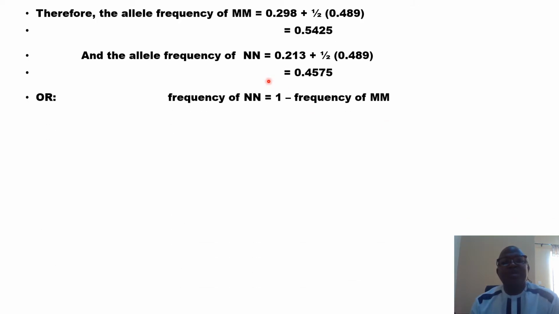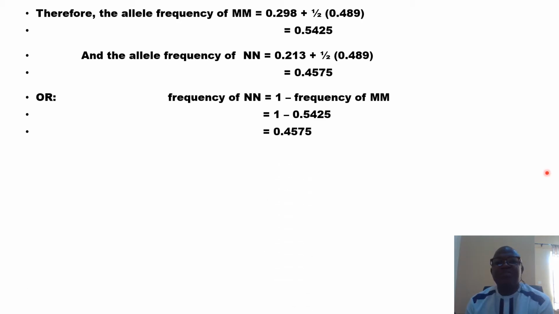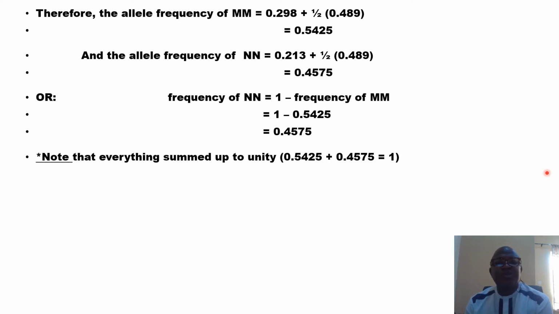Or another way of obtaining the allele frequency of N, having calculated that of M, is to simply subtract the allele frequency of M from 1. So 1 minus 0.5425 will give us 0.4575. Note that everything sums up to unity.